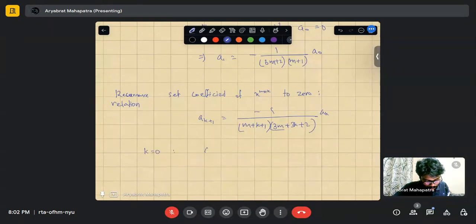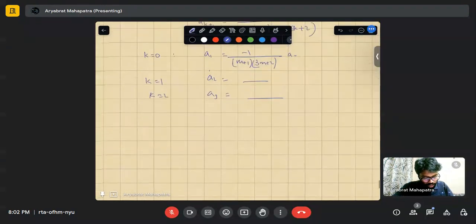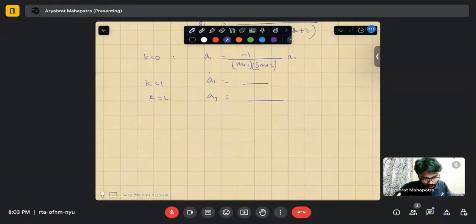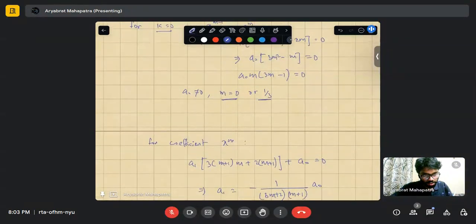So from this recurrence relation, for k equals to 0, you will get a1 to be minus 1 over (m plus 1)(3m plus 2) times a0, and so on. You can write a2 and a3 for k equals to 1 and k equals to 2. The same you will do like before, and you will get two separate sets of a1, a2, a3, one corresponding to m equals to 0 and the other to m equals to 1 by 3, because we had two allowed values of m.